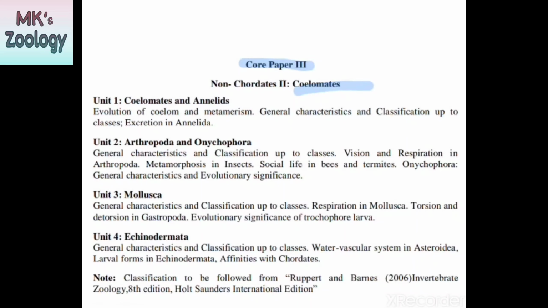The next phylum is Aschelminthes. The organisms of Aschelminthes are pseudocoelomate, that is false coelom is present in their body. And after Aschelminthes, the four phylums Annelida, Arthropoda, Mollusca and Echinodermata.